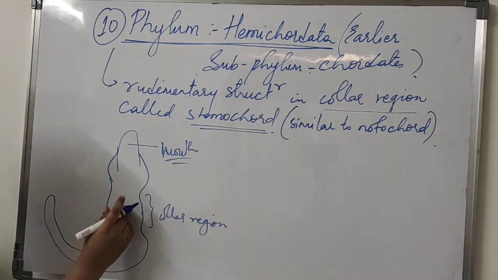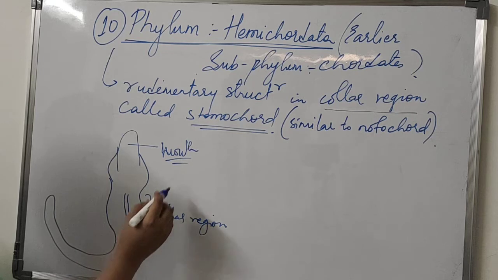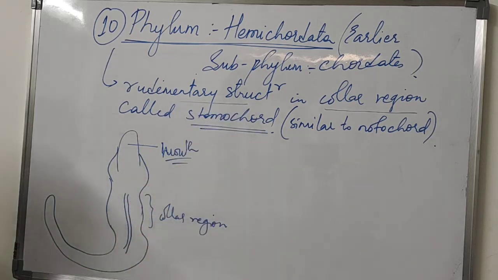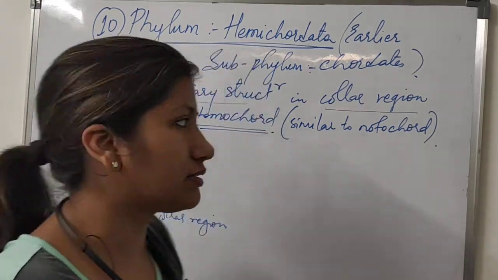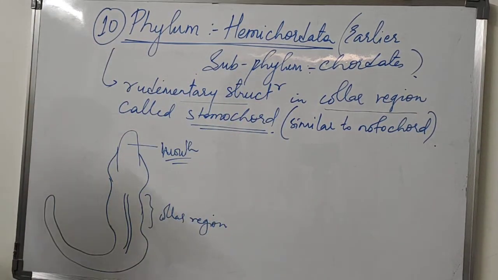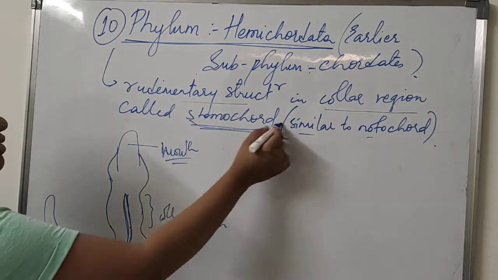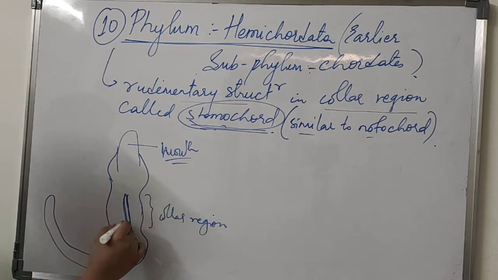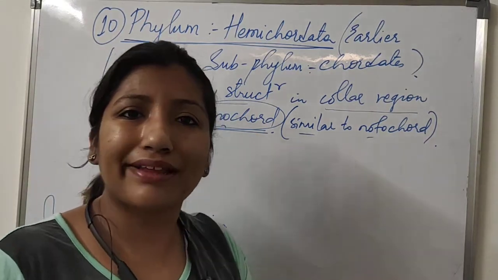In this collar region, if you open and see, there is a rod-like structure. Rudimentary means they are functionless. So this rudimentary structure, which looks similar to a notochord, we call stomochord. This structure inside the collar region looks like a notochord, looks like a backbone.